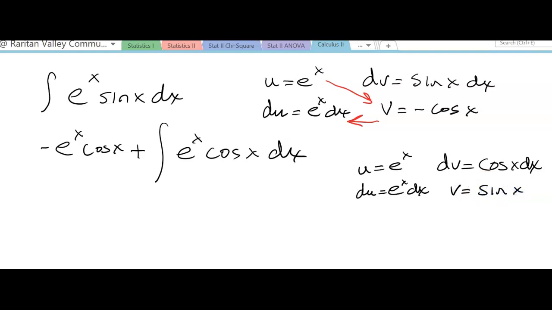All right, let's put it back in. Copy what you already have. And then I have plus uv, which is e to the x sine x, minus the integral of e to the x sine x dx.